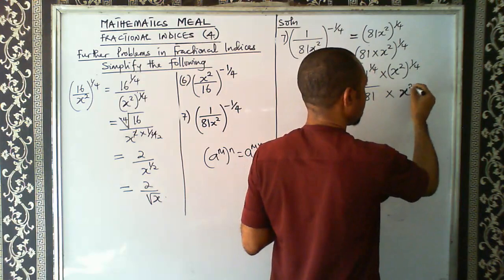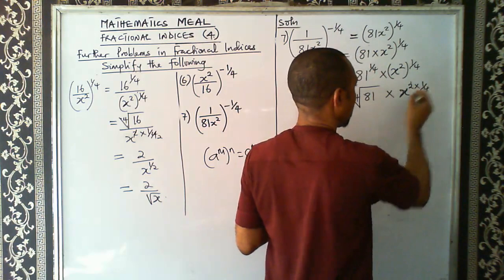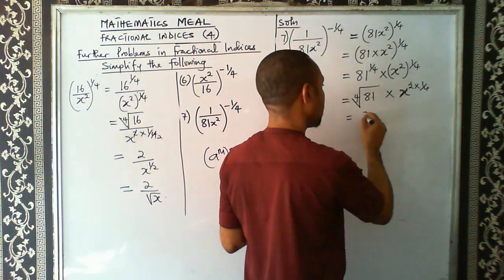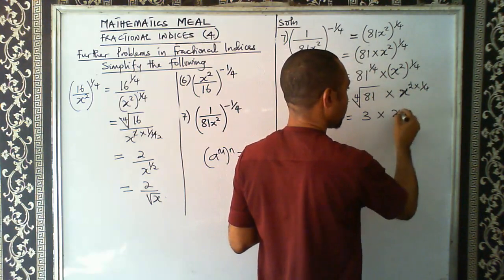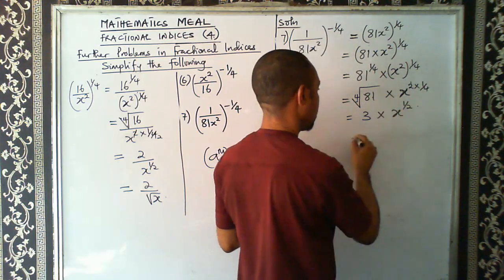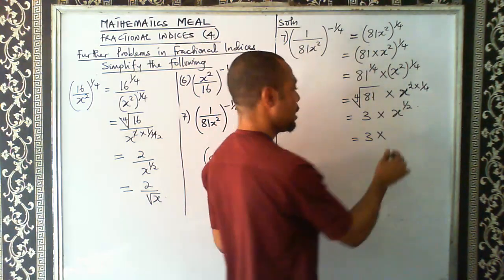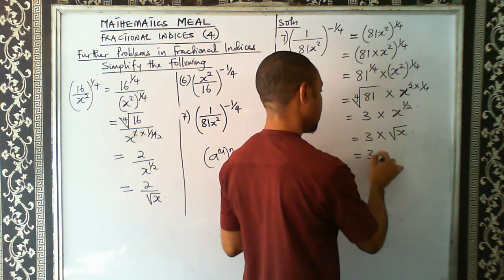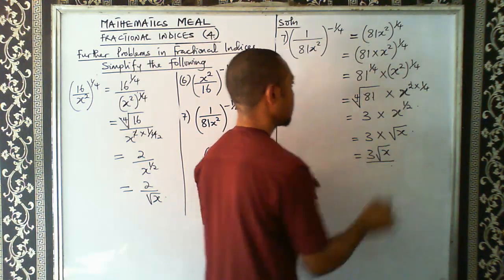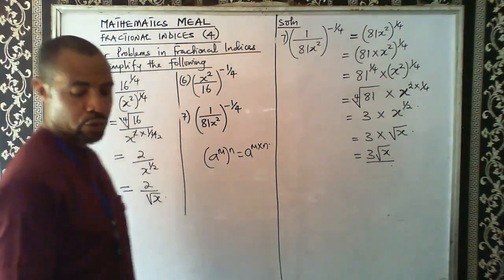You have 2 times 1 over 4, and when you reduce that, the 4th root of 81 is 3. We are going to have x raised to power 1 over 2, that's 3 times x raised to power 1 over 2, which is the square root of x. And 3 times this will give me 3 root x. Okay. So far so good.